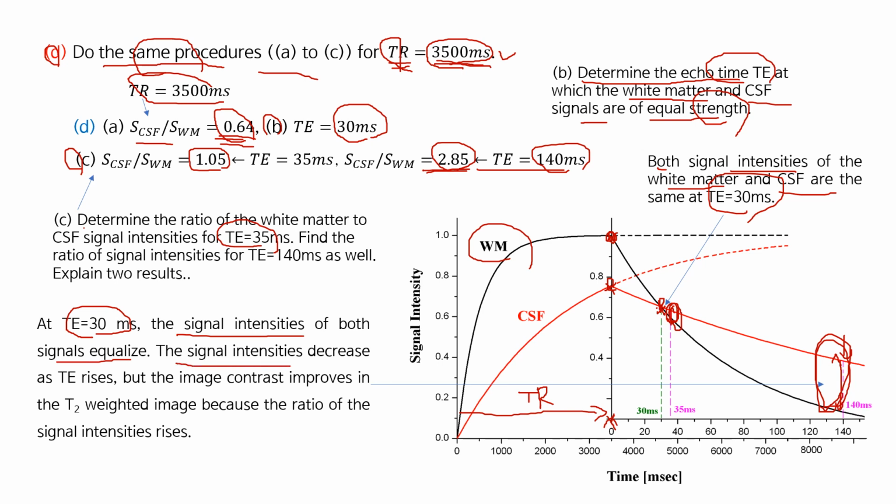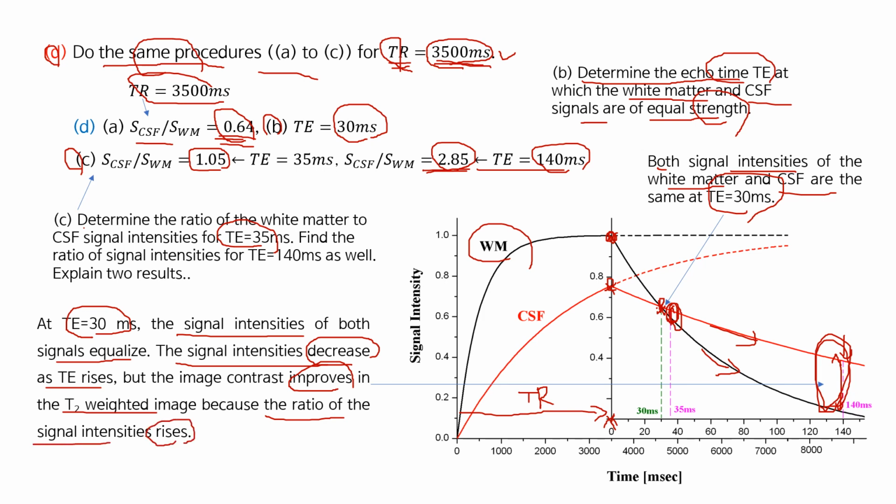The signal intensities decrease as T rises, but the image contrast improves in the T2 weighted image because the ratio of the signal intensity rises.